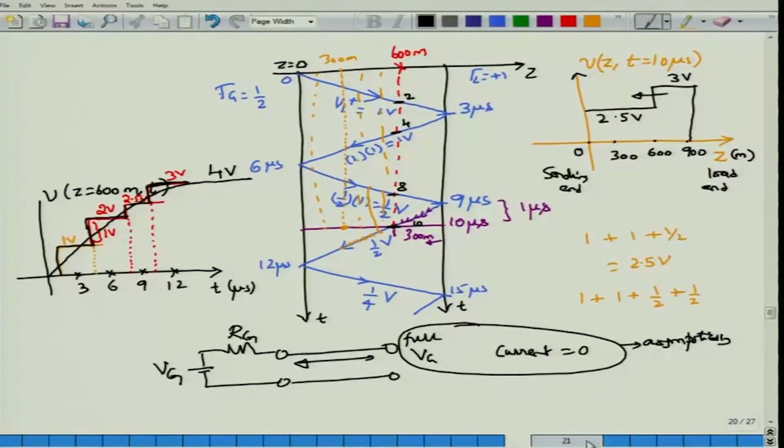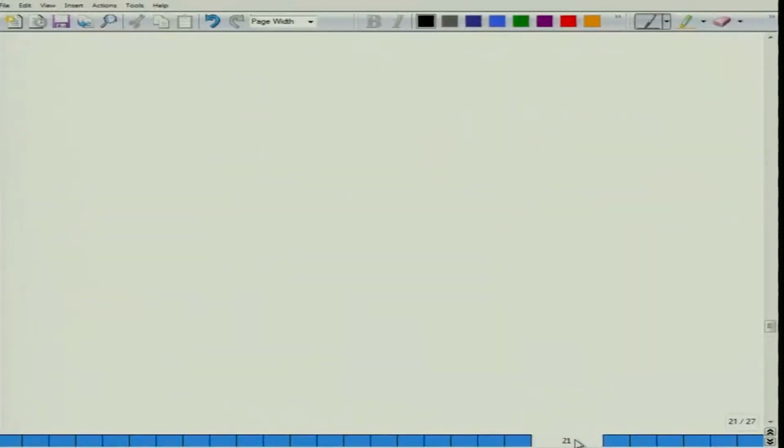Before dropping this transient propagation, let us consider one more case. Okay. In this case, we will consider a Rg of 150 ohms as we considered in the previous case. So, this is the other example that I would like to consider. So, we consider Rg of 150 ohms, RL of 25 ohms.